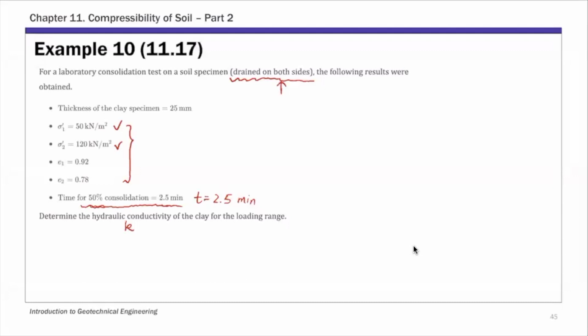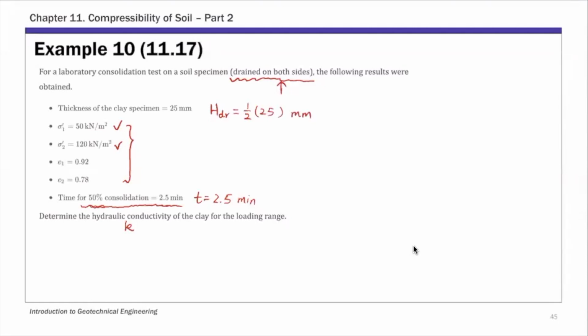Which means your H sub DR is half of the thickness of the specimen. That's the maximum drainage distance corresponding to the two-way drainage case. And this is in millimeter.